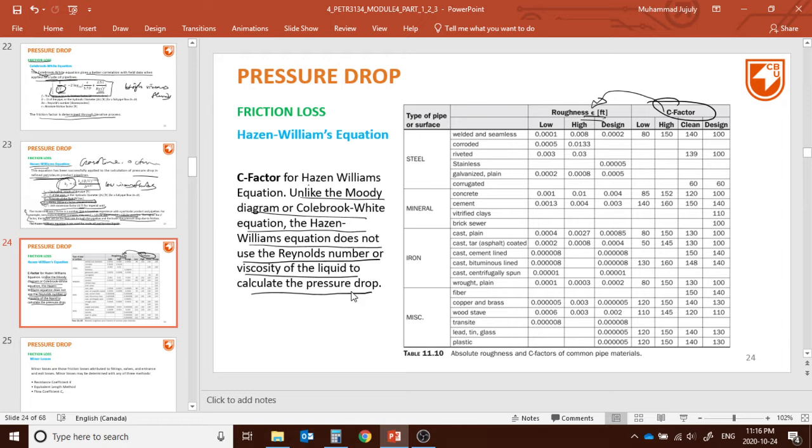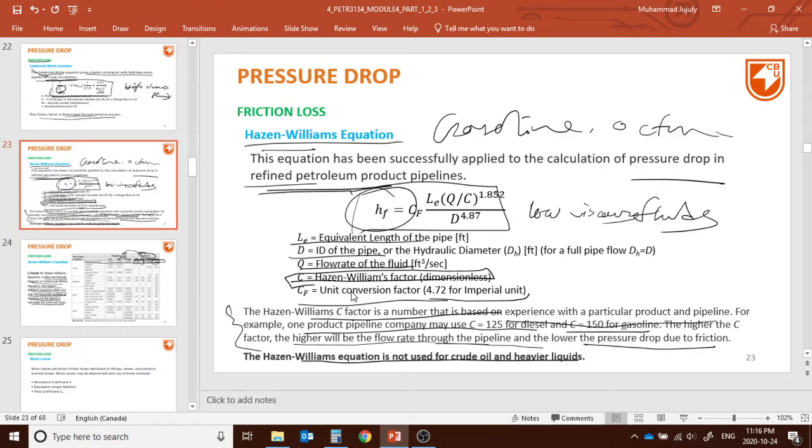For instance, for a carbon steel pipeline, these are the C factors: low is 80, high is 150, but optimum is around 100. That's explained here.